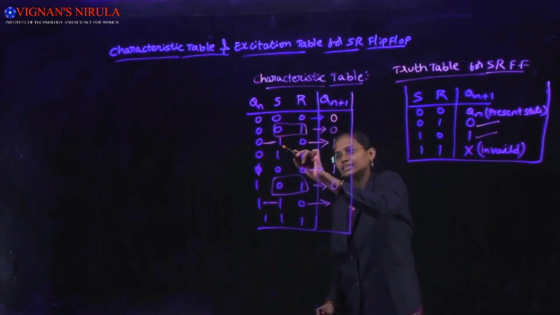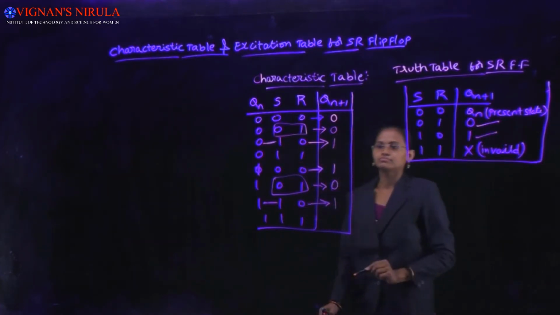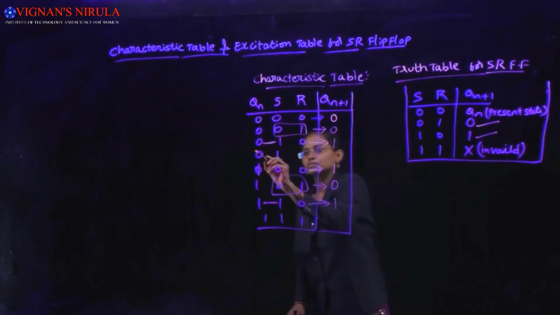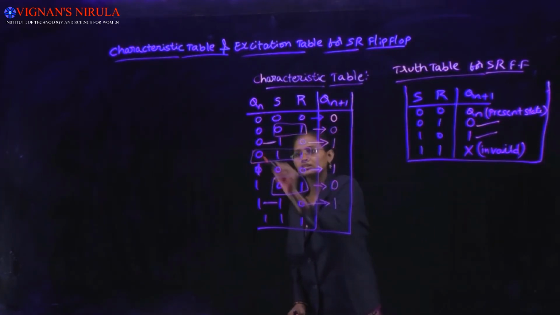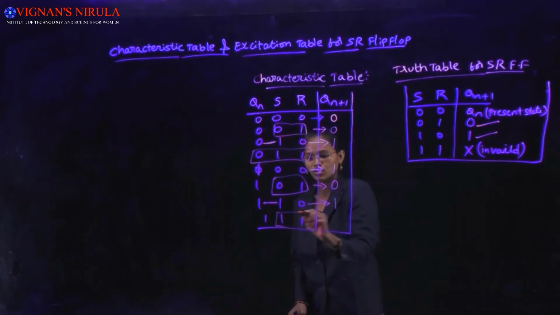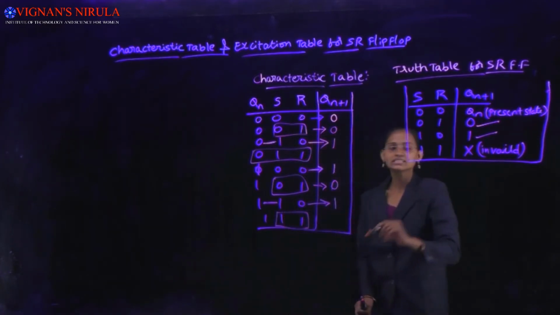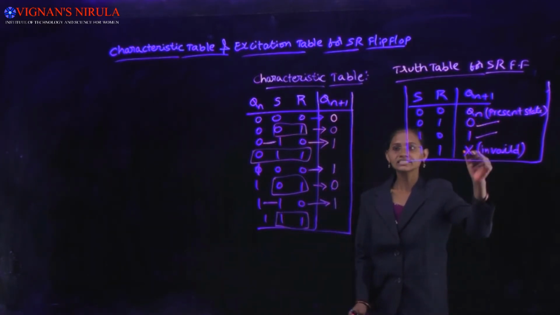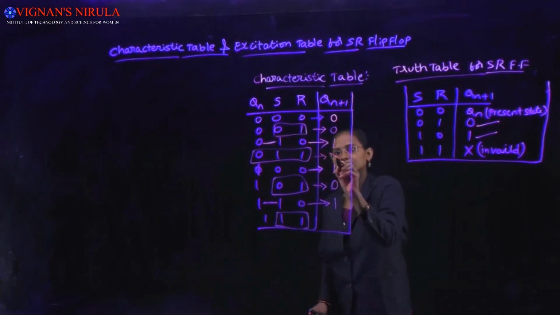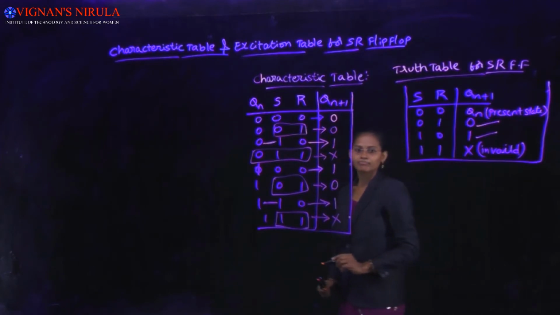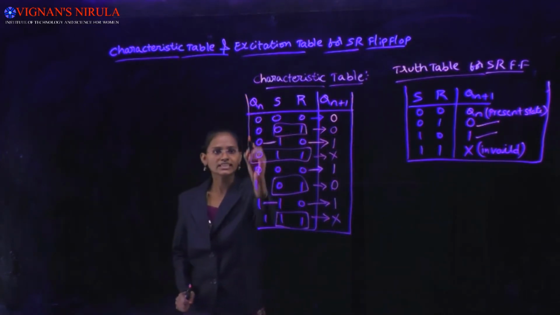Set is 1 and reset is 0, the next state is 1. And next, here set is 1 and reset is also 1. In that case, the next state is invalid state, so it indicates X. This is the characteristic table.